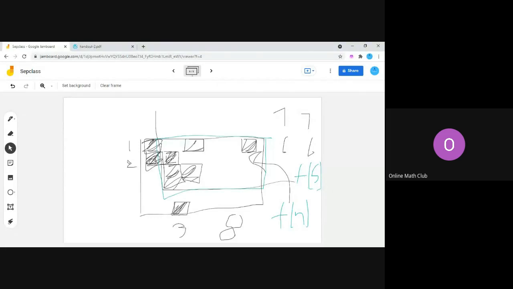If we assume f of 5, and we're somehow able to show that f of 8 has to be true because of this, why is this helpful?